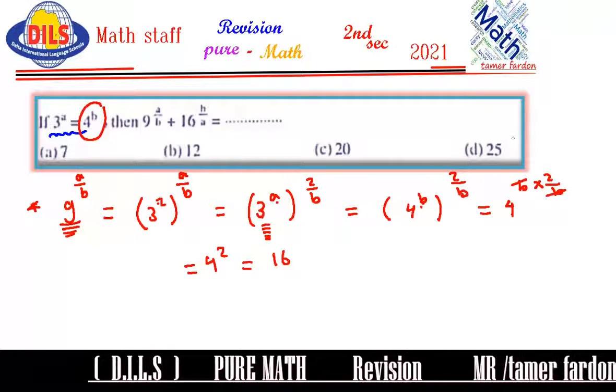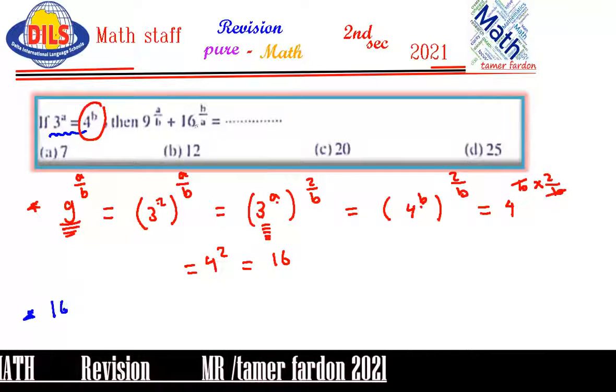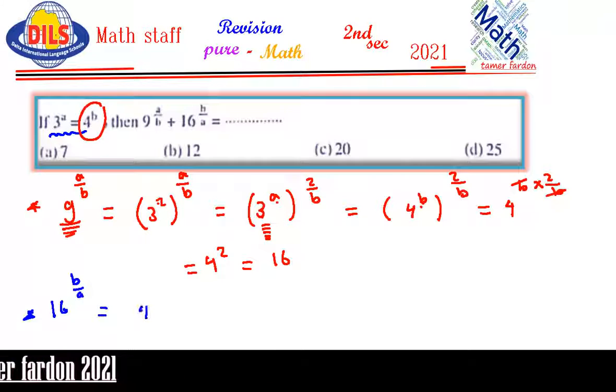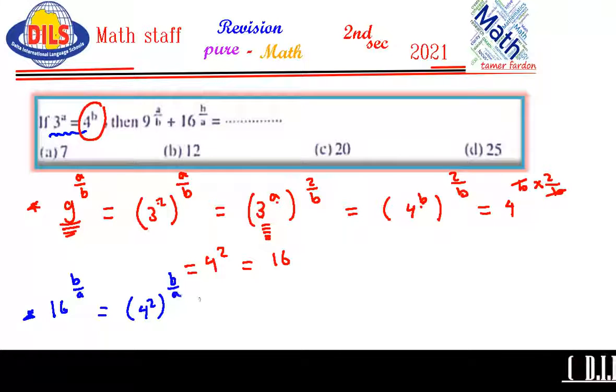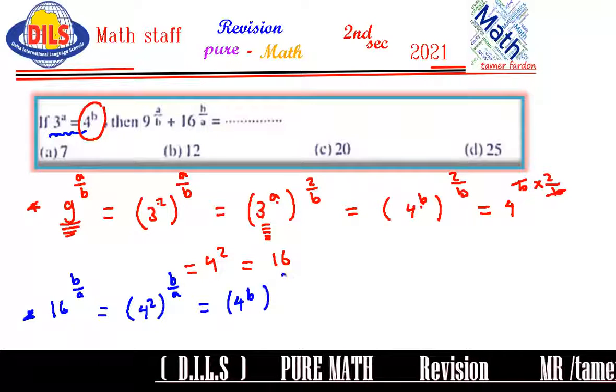Also 16 power b over a is equal to 4 power 2 all power b over a. Change by b, we get 4 power b all power 2 over a.